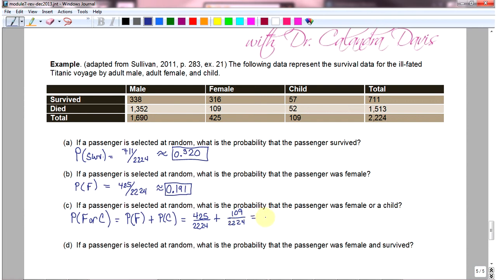So that will equal, let's see, 534 out of 2224, which will be approximately 0.240.